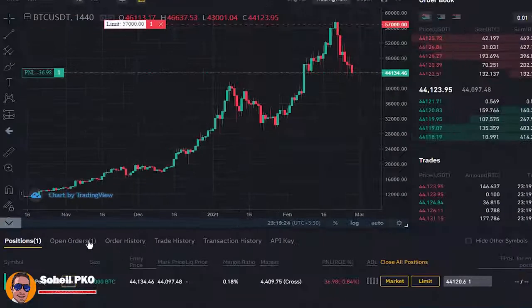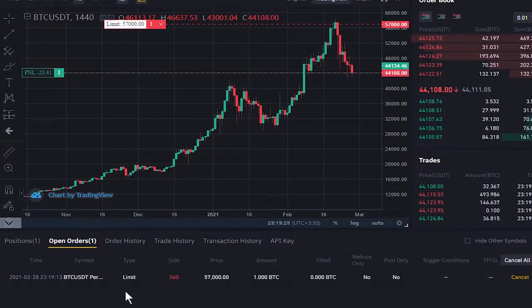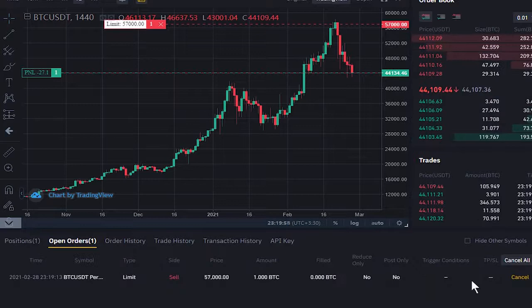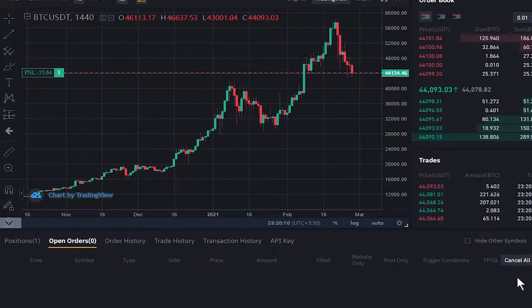And as you can see here in open orders, we have a limit order at 57,000. It's a sell order. This is actually a take profit order. When the price reaches this level, the order will be executed and it will actually close this position that we have here.